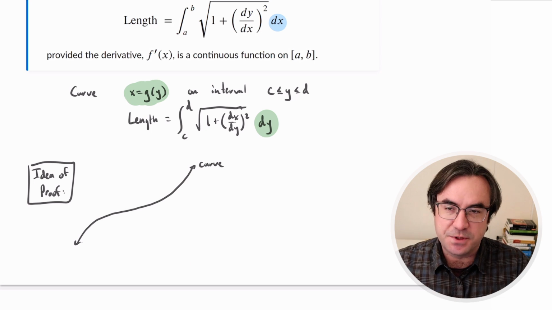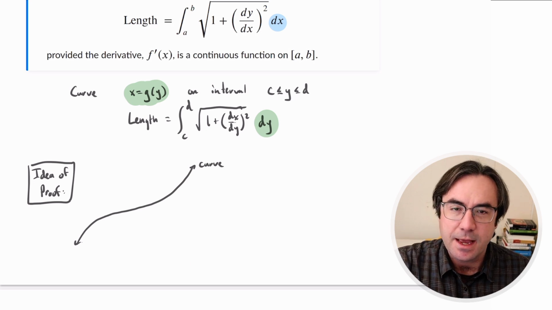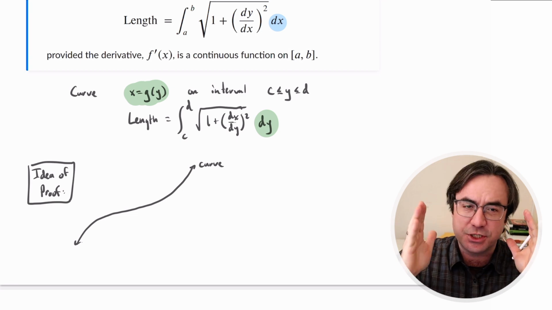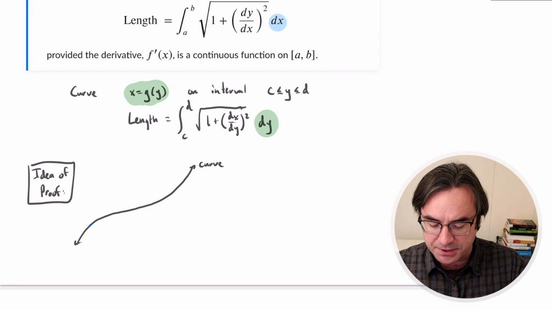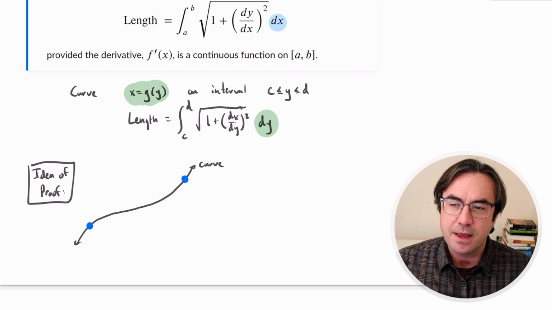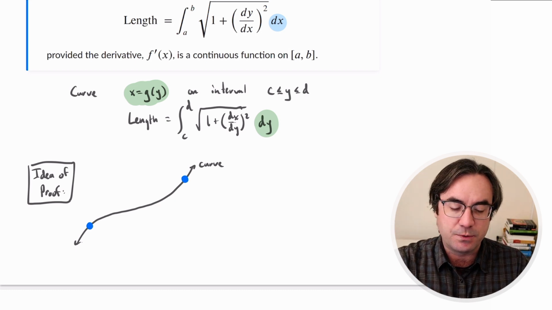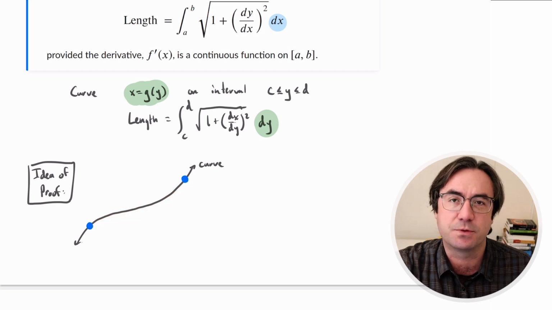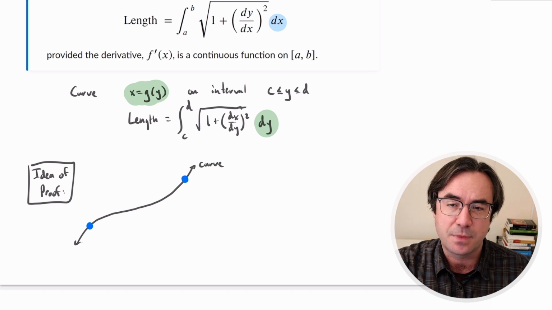This is our function here, and we're only looking at a section of this curve, in between a couple different endpoints. Let's say we've got this endpoint here and this endpoint here. What we want to do is figure out how long this stretch of our curve is. We want to figure out that length.